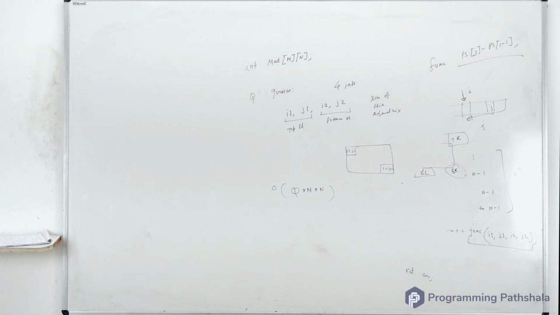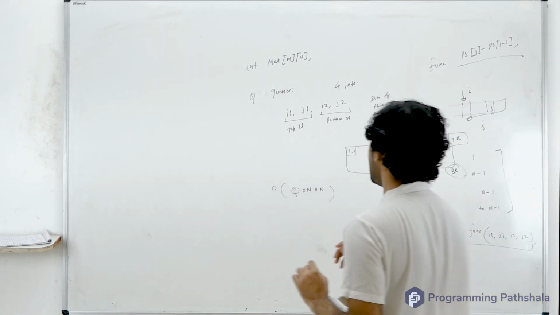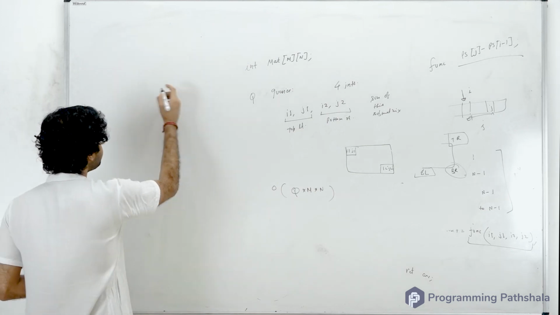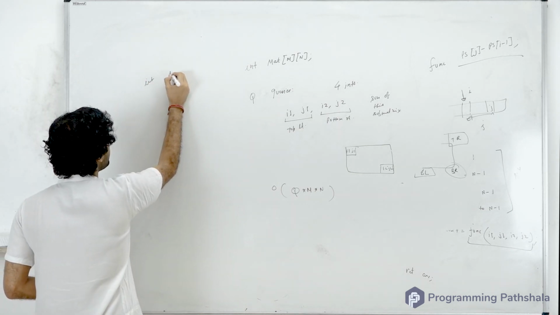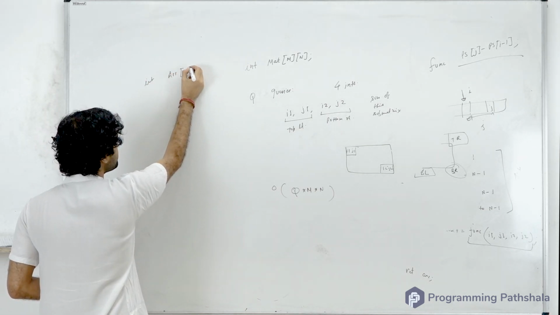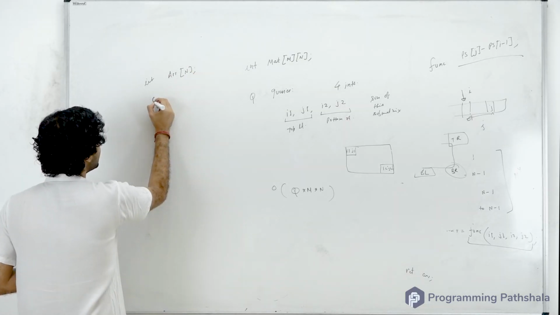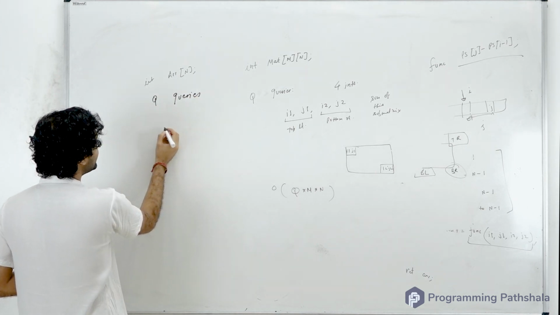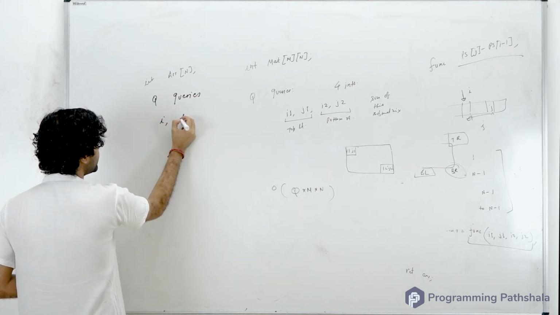Now the question is, can I optimize it? Or maybe let me reduce the dimension of the question for a while, okay? Let me ask you, what if it was an integer array of size n, and then there were q queries, and every query was of the form I comma j?